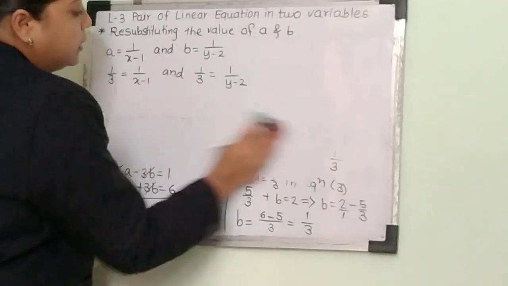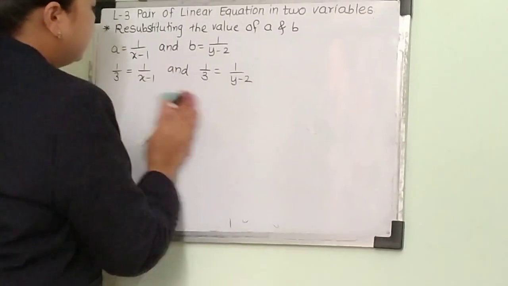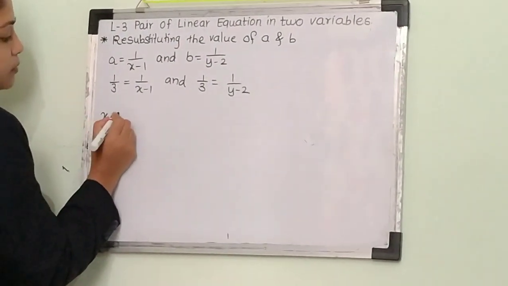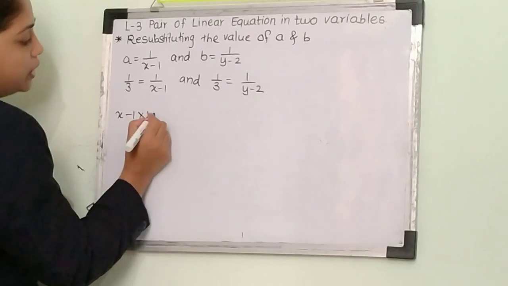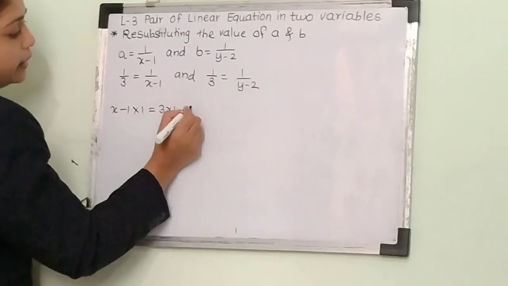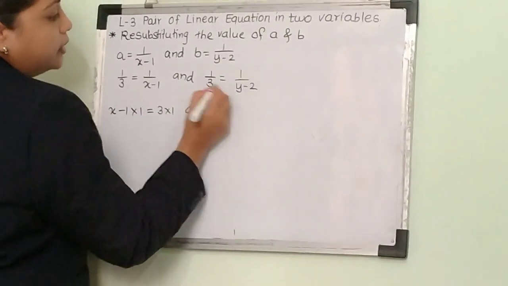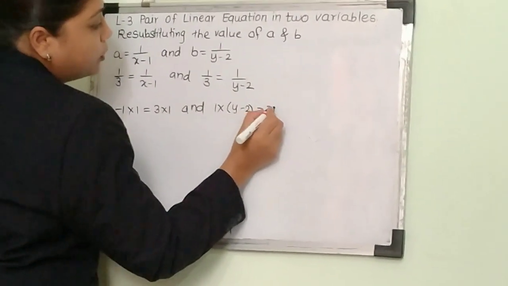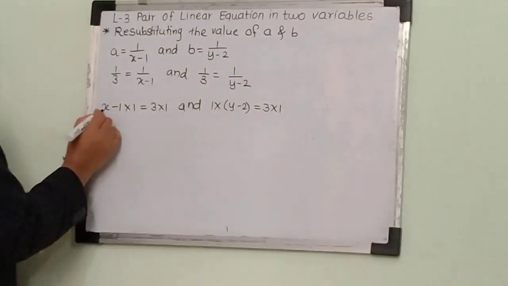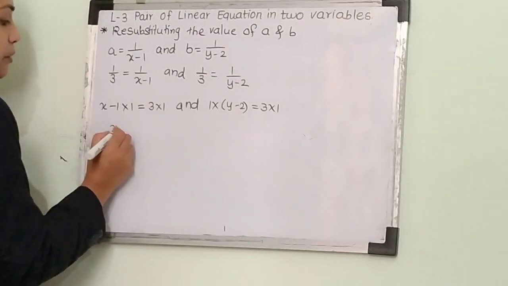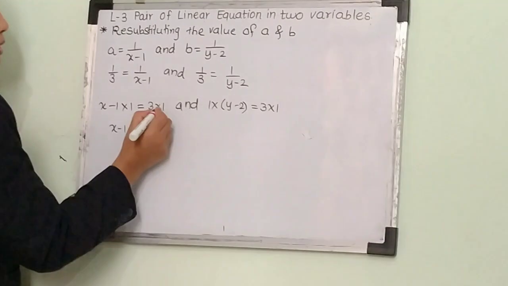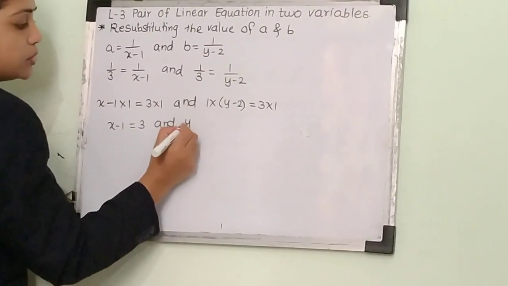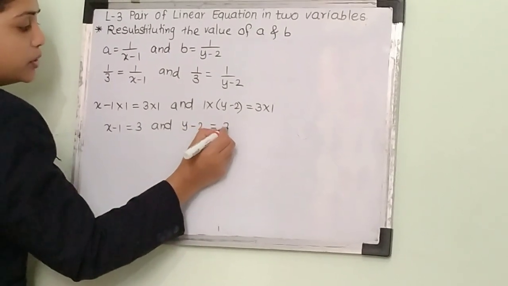So here we are going to do cross multiplication. x minus 1 into 1 equals to 3 into 1 and here 1 into y minus 2 equals to 3 into 1. So x minus 1 into 1 means x minus 1, 3 ones are 3, and again here 1 into y minus 2 means y minus 2 equals to 3.